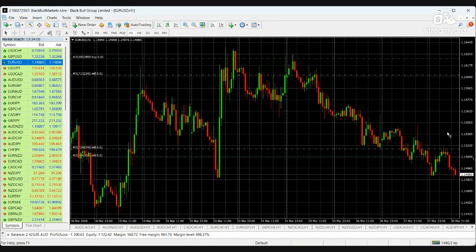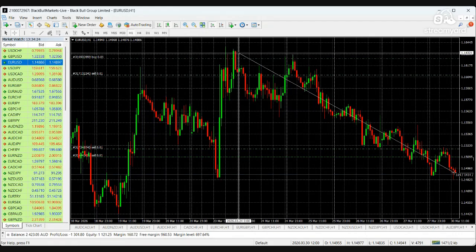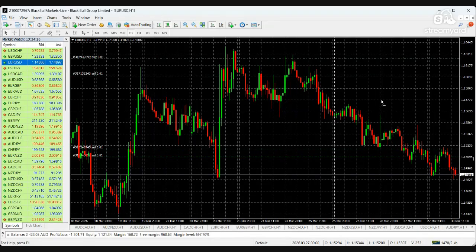It also tells us the trend. If it's a downtrend, as we can see in this period here, it's telling us already it's a downtrend for that period. So that's how important the chart is.